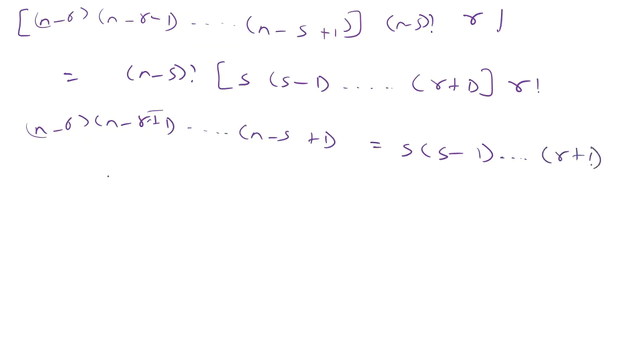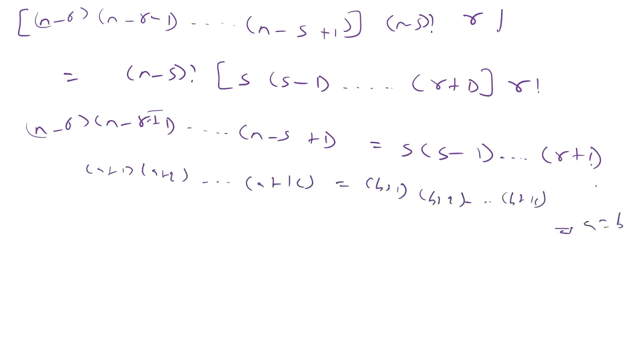So we have this result: a plus 1 times a plus 2, and so on, up to a plus k, is equal to b plus 1 times b plus 2, and so on, up to b plus k, implies a is equal to b. So we have proved this result. Now we can apply this result here and we can prove the theorem.